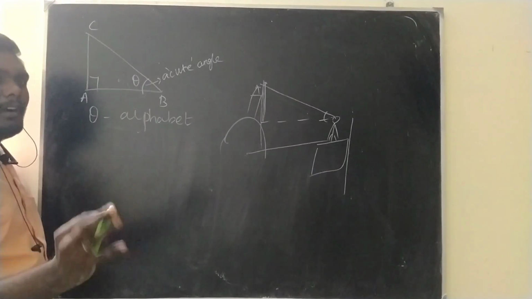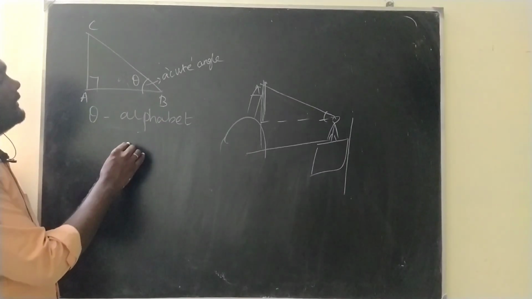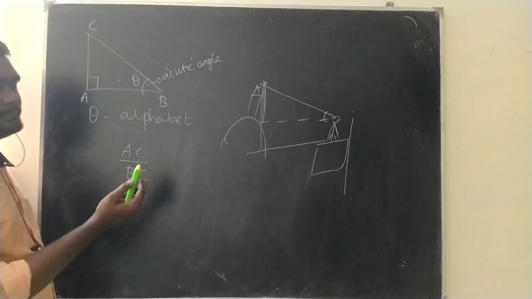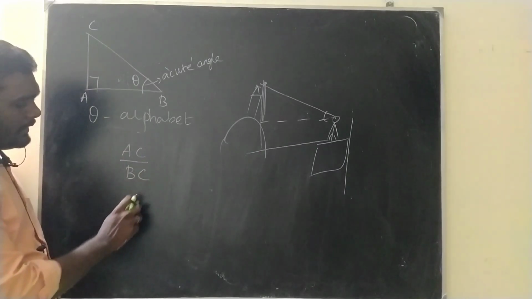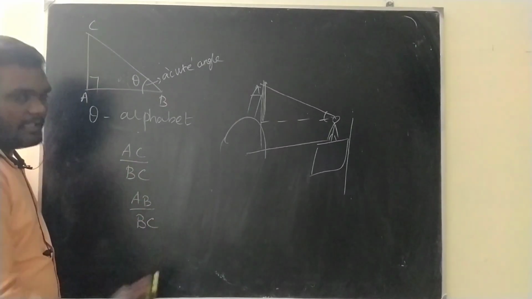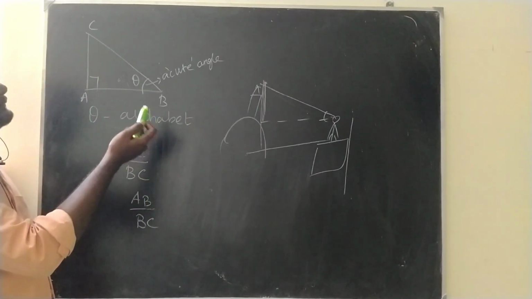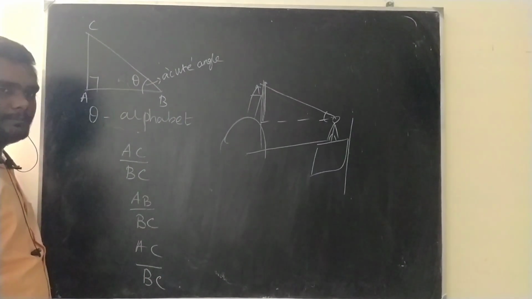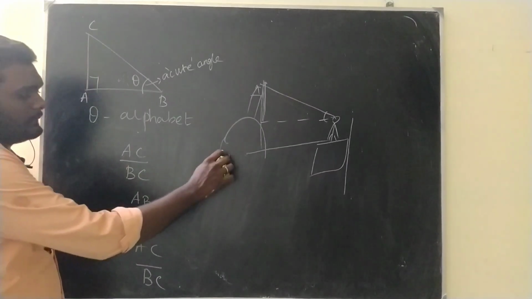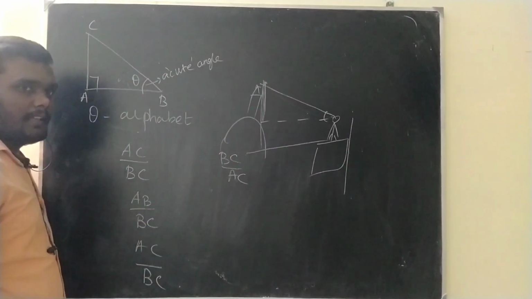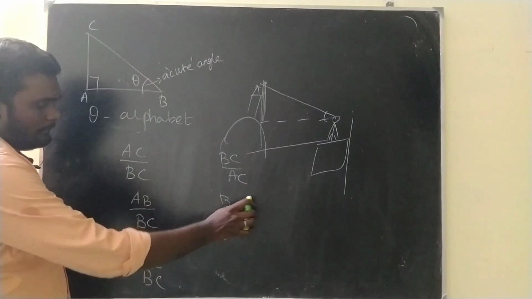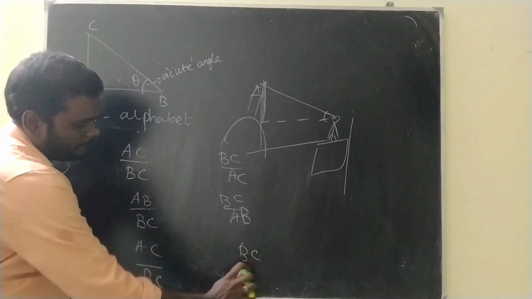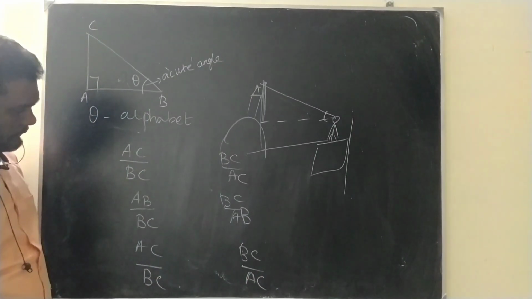And what are all the possible ratios? We can write AC by BC as one possible ratio, and then AB by BC is one possible ratio, and then AC by AB is another possible ratio, and the reciprocals of these: BC by AC is one possible ratio, BC by AB is another possible ratio, and AB by AC is another possible ratio.